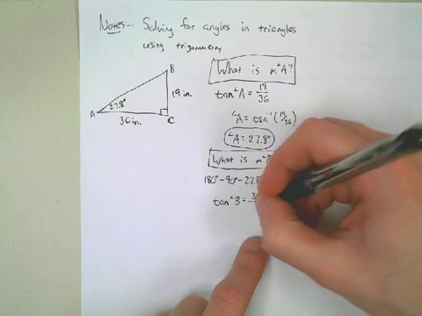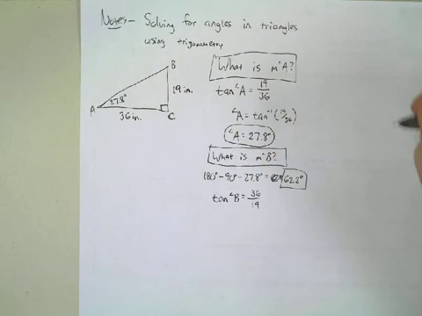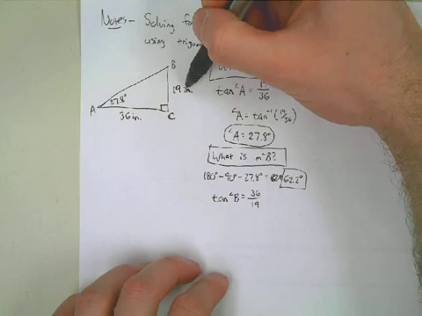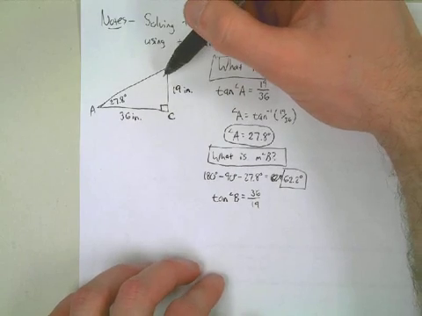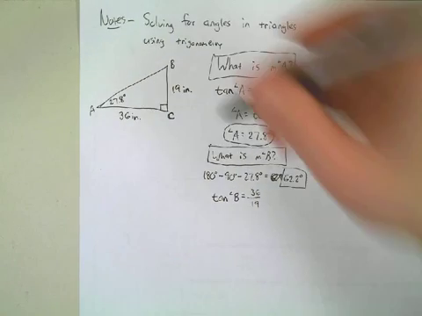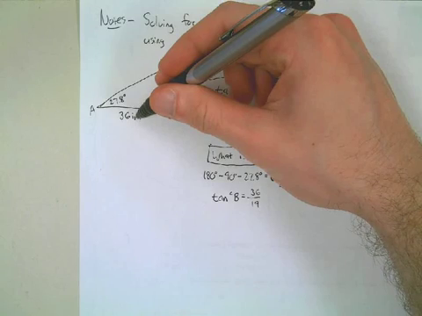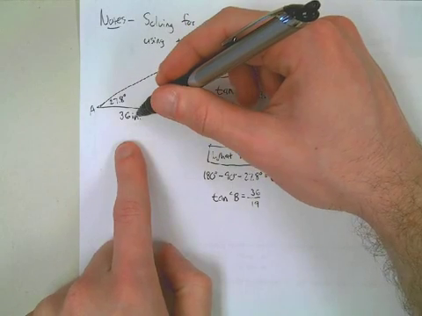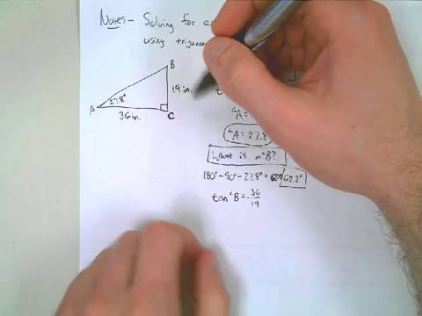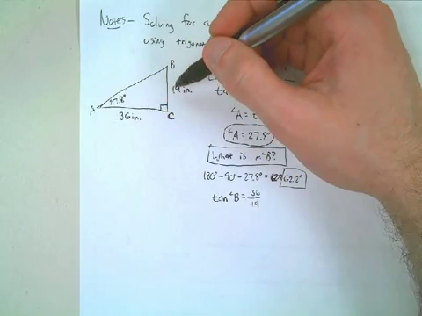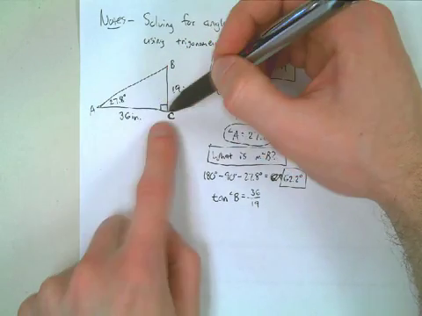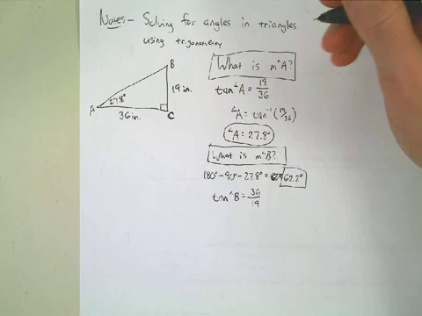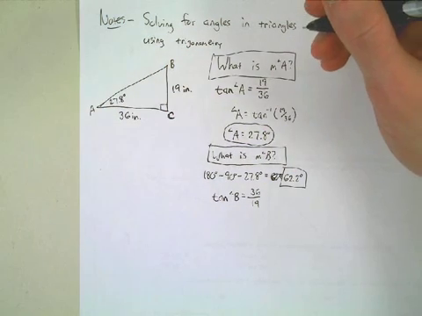Because it's based off of angle B. Angle B's adjacent leg is 19 and opposite is 36. And for A, they flip-flop. For A, the adjacent leg is 36 and the opposite is 19, because they're different positions. So you have 36 over 19.